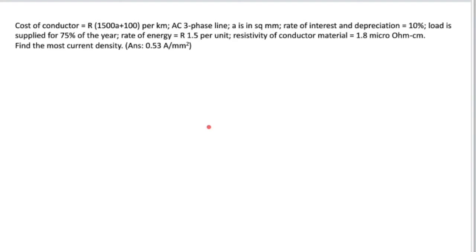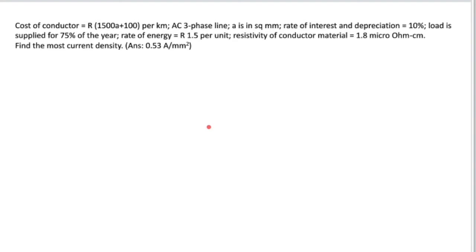So that's the cost of interest and depreciation on the conductor line. Did you get that one? Okay, it's fine.